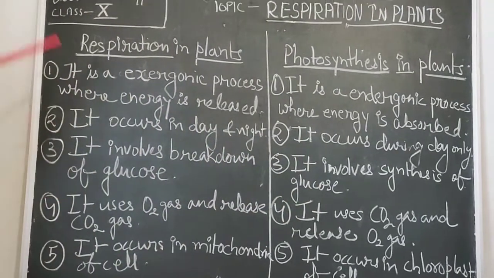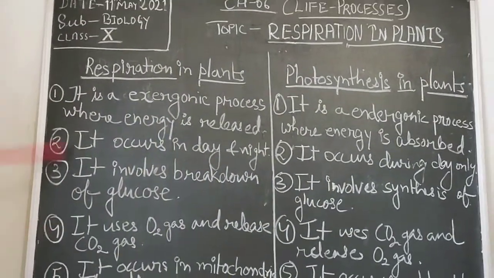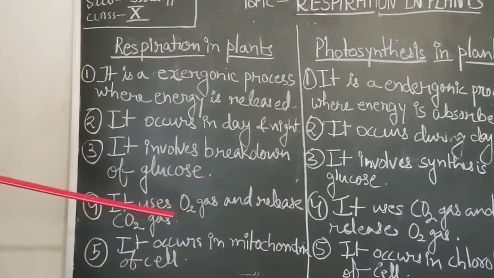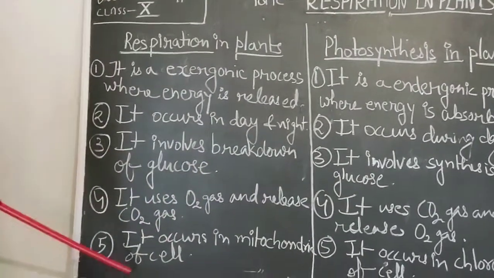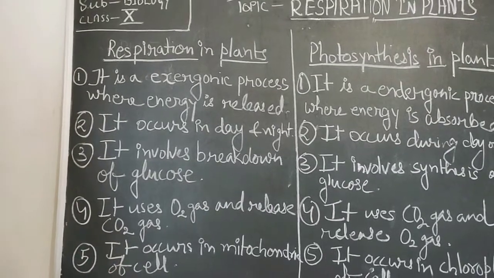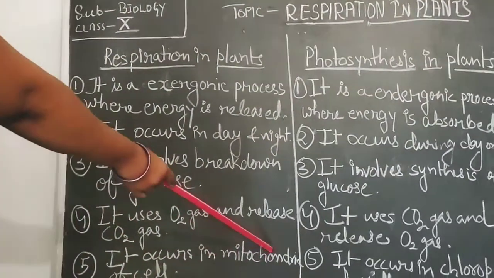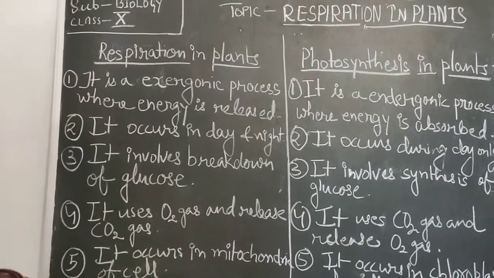Now the fifth point of difference is that respiration occurs inside the mitochondria of the plant cell, whereas photosynthesis occurs in the chloroplast of the plant cell.